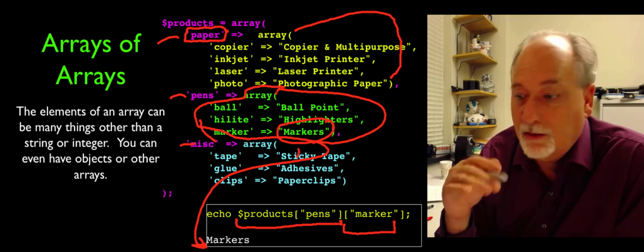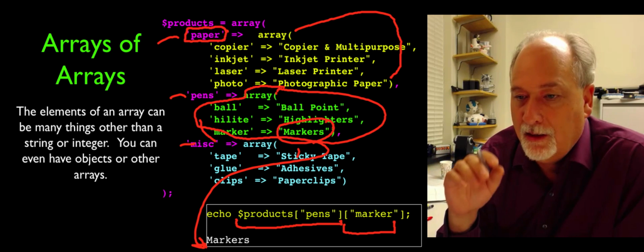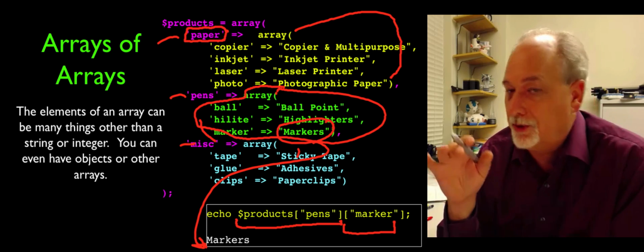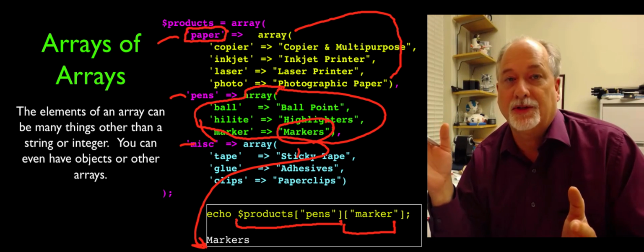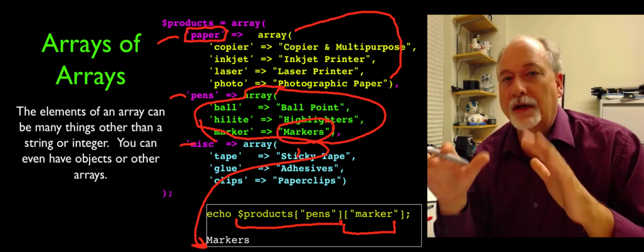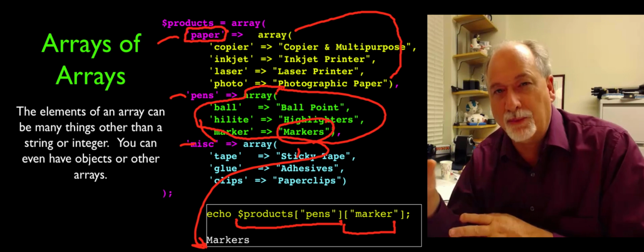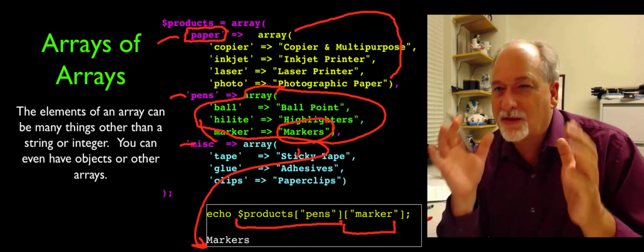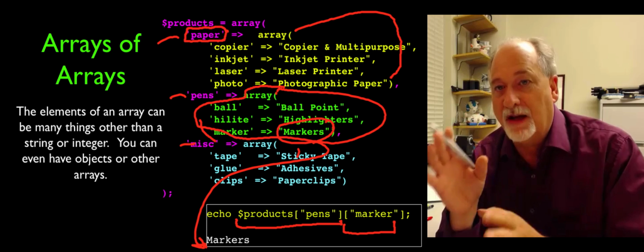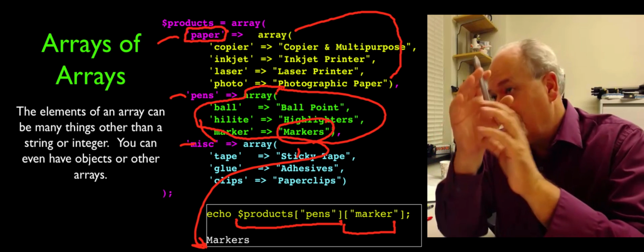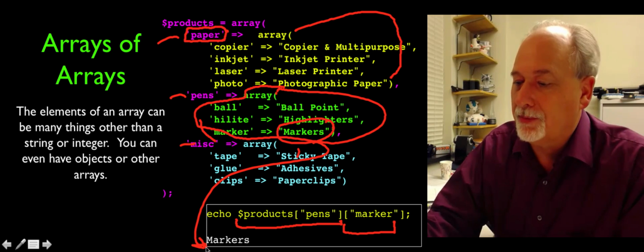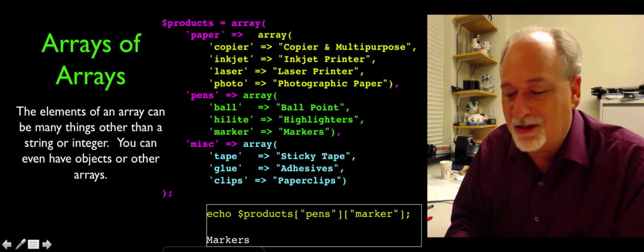Now this little pattern is done a lot, and people will use arrays to build all kinds of relatively complex structures. We'll later learn about objects, which is another way of representing this kind of data. But arrays are simple and extremely flexible, and they can have multiple layers and multiple levels. And it doesn't even have to be as consistent as this.